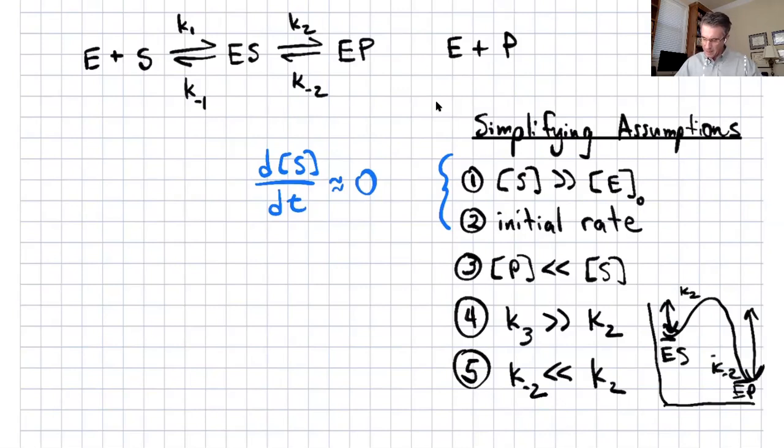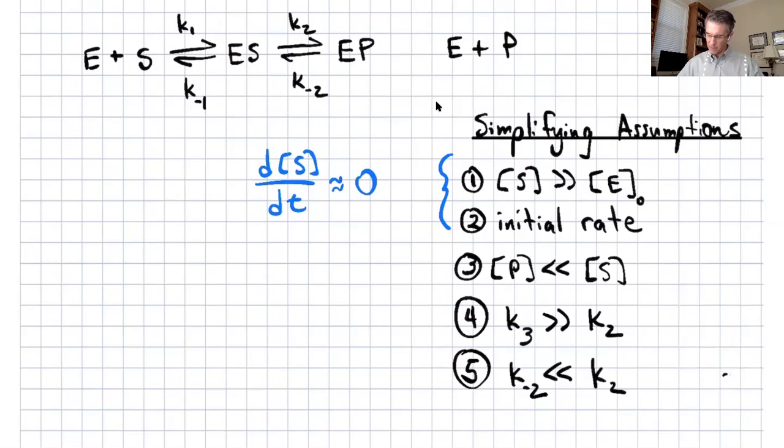This guy is usually a whole lot smaller, because that transition state barrier is so much bigger, which means you can more or less ignore the rate at which the product turns back into substrate, in the simplest possible scheme here. So we can make that guy kind of go away.